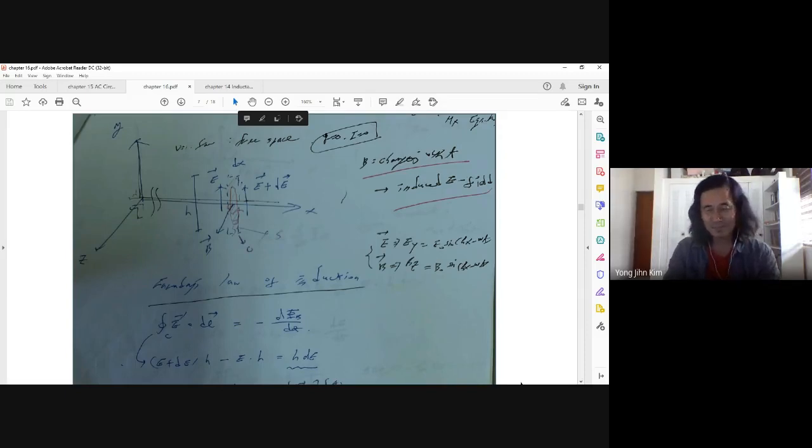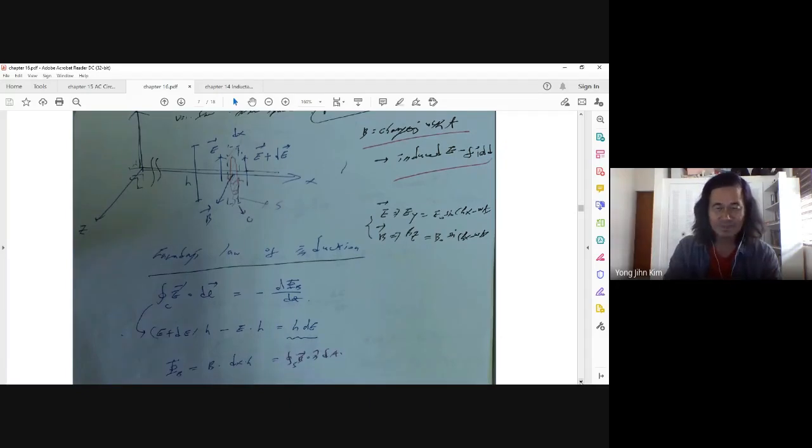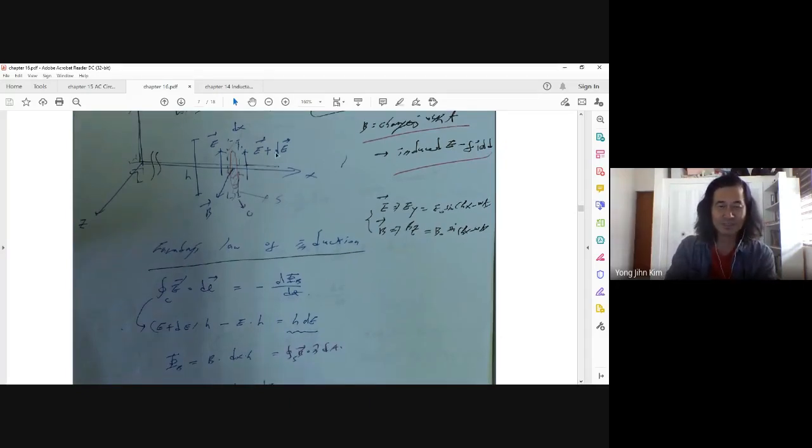Now let me calculate the flux change rate. The magnetic flux through this strip is the magnetic field times area, that is h times dx, and then we have d over dt.